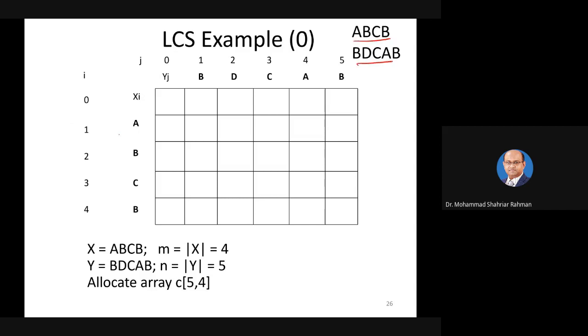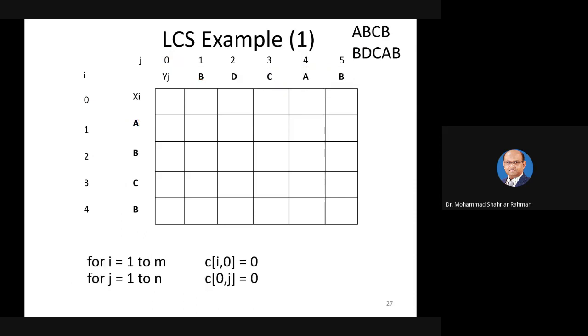ABCB, BDCAB, ABCB, and we have BDCAB. And we start with 0, 0. Possibility of having an empty substring. Although we don't have any empty substring in the input, still we start with 0. So we don't have anything here. We fill in these boxes with 0, right? For I0, we have all these zeros, and for J0, we have all these zeros.